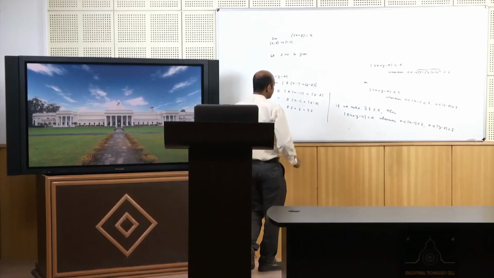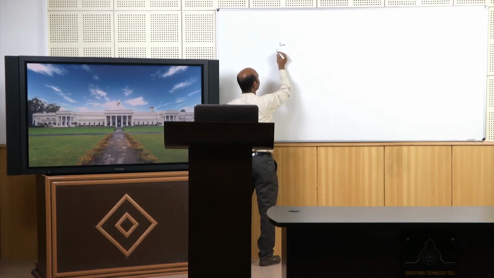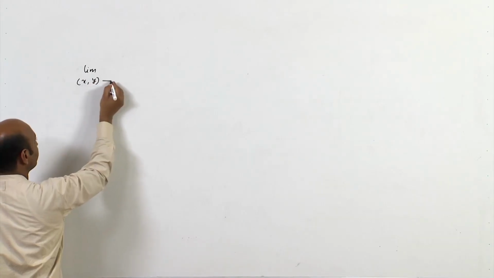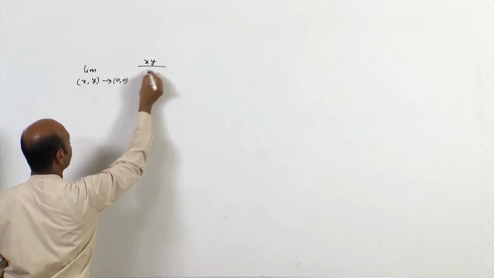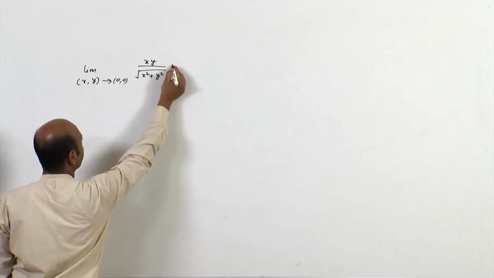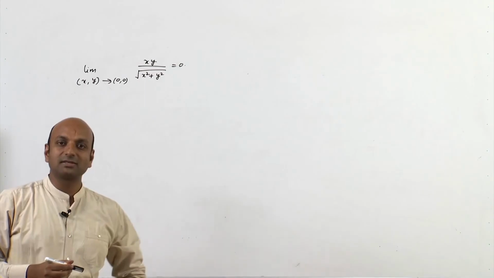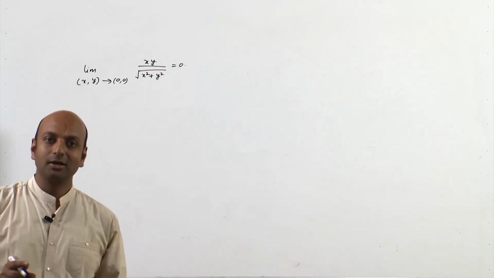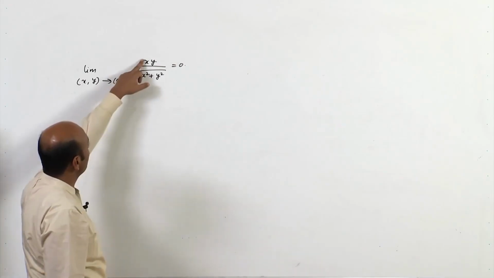Okay. So the next example now, let us discuss this example. Now here it is basically a 0 by 0 form.